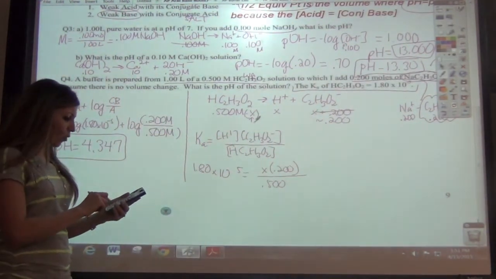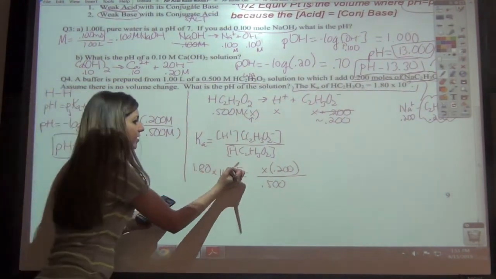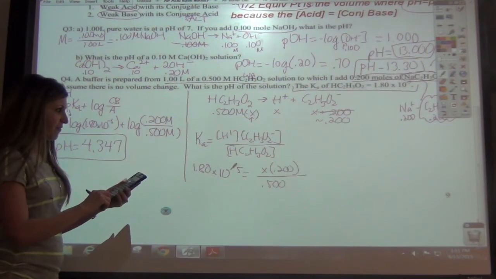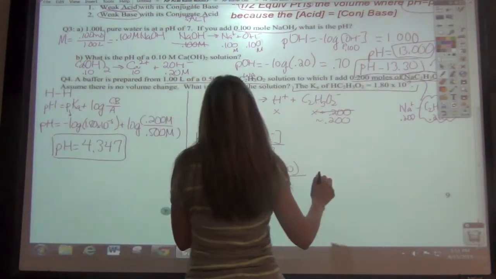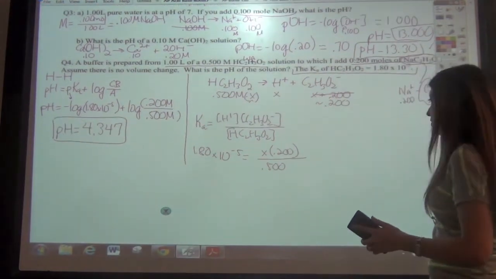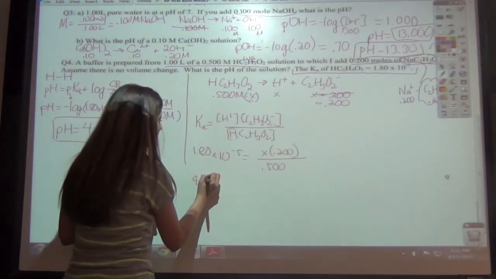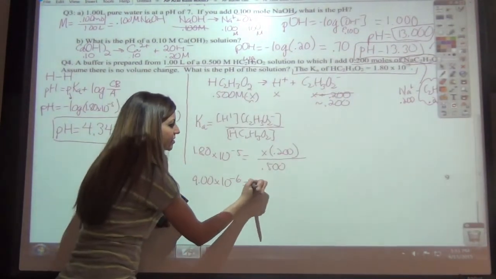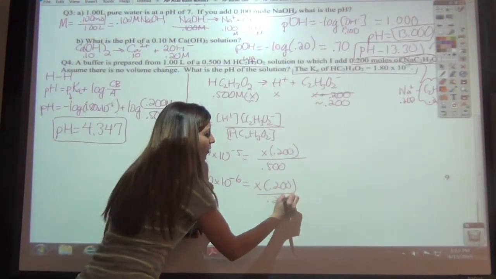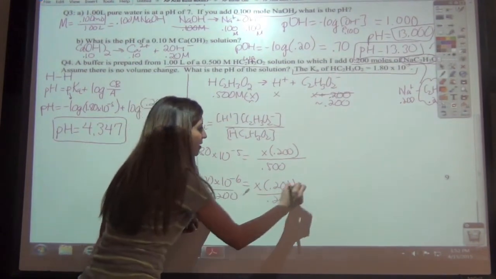So if we work this out, 1.8 times 10 to the negative 5th, and we multiply that by 0.5, then I get 9, are you getting 9 times 10 to the negative 6? Okay, so 9.00 times 10 to the negative 6 is equal to X times 0.200. And then we just have to divide by 0.200 on both sides.